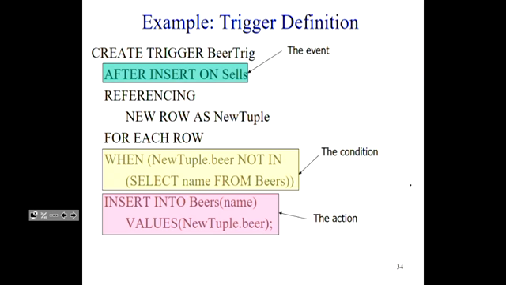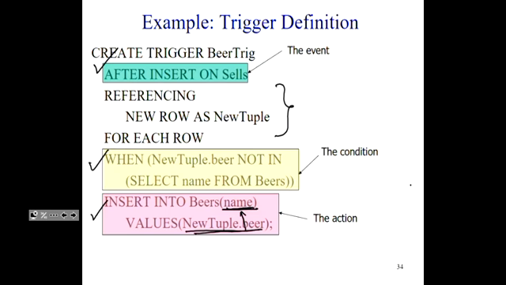So these are the three most important parts: the event, the condition, and the action. And then there is this intermediate part, which allows you to identify or reference the tuples that are being inserted, updated, or deleted, assigning variables for them.